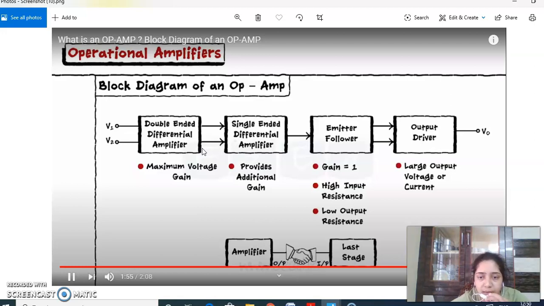So why are we choosing this emitter follower? Because of its low output resistance, meaning the resistance present at the output of the emitter follower is very low.